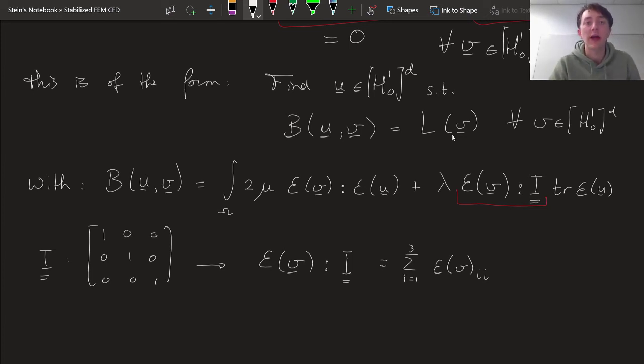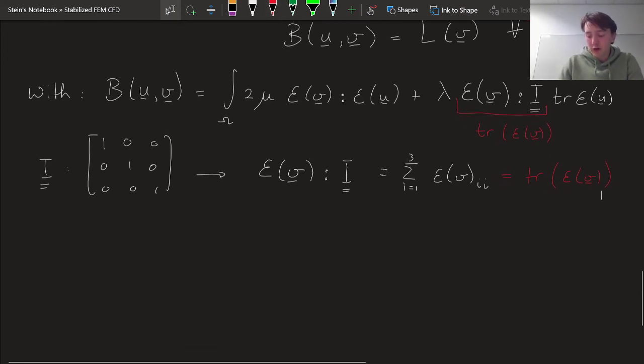Only the components along the diagonal are non-zero, which means we get the sum of 1 times strain 1,1, 1 times strain 2,2, and 1 times strain 3,3. So that is precisely equal to the trace of epsilon v. And the trace was the sum of the diagonals.